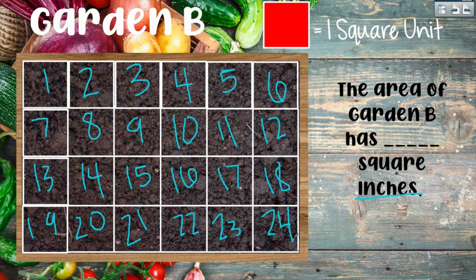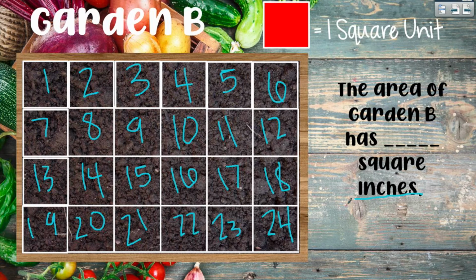So like I did in garden A, I want to double check my work by multiplying the number of squares in each row, which is 6, and the number of squares in each column, which is 1, 2, 3, 4.